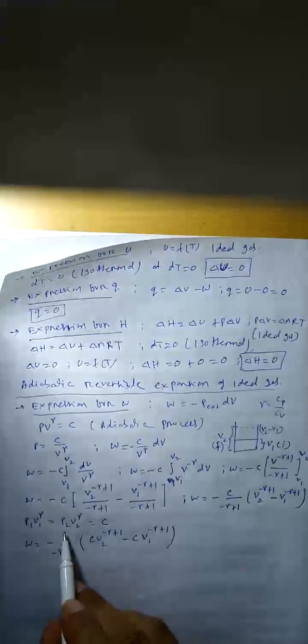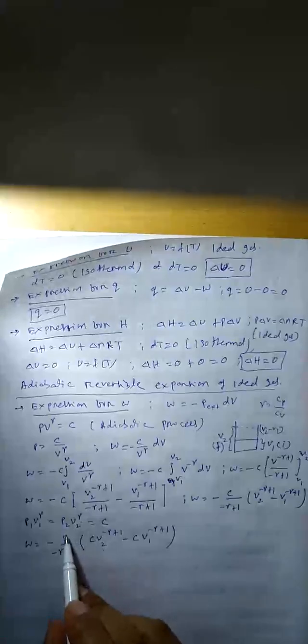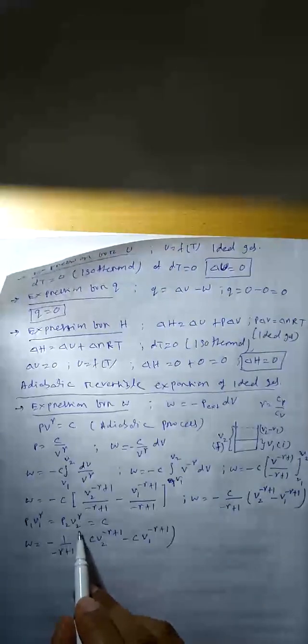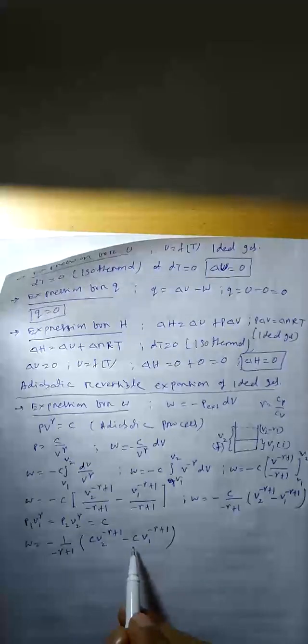Now C is equal to P2 V2 to the power gamma. In this case, V2 to the power gamma plus 1, it is easy for me if I put P2 V2 to the power gamma instead of C, and in this case P1 V1 to the power gamma.